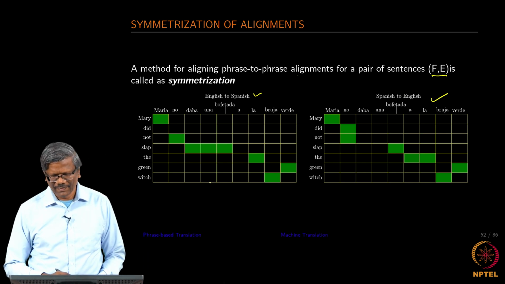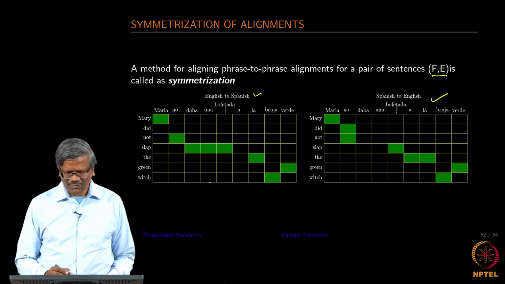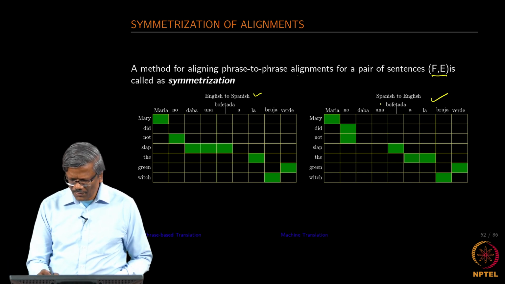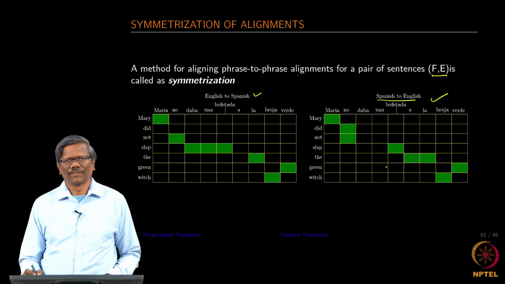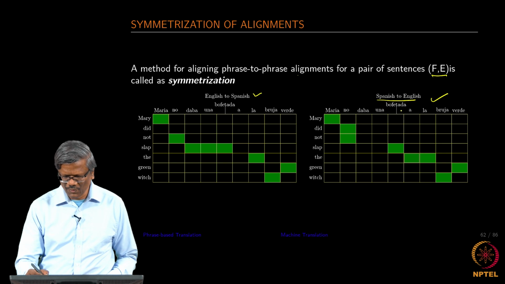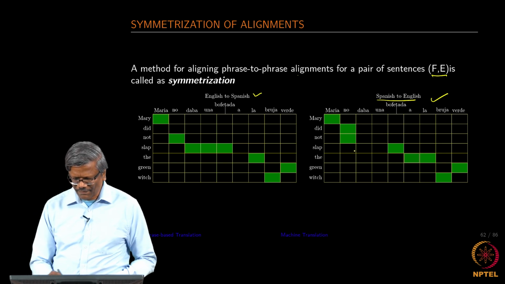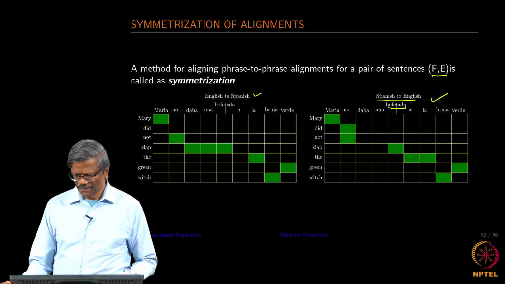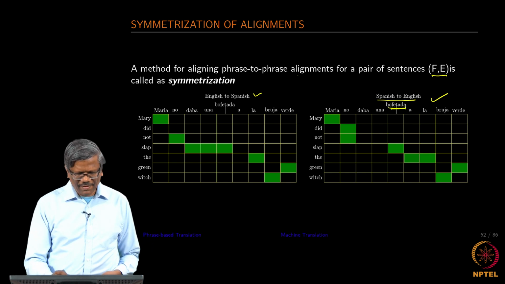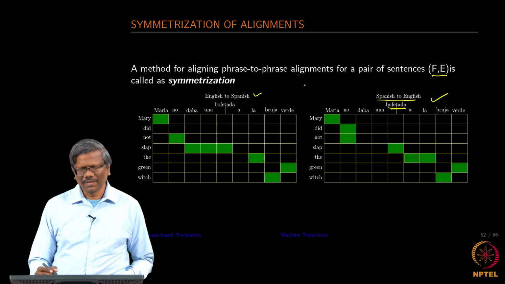And when you go from Spanish to English, some of the words are not aligned, because we just use the direct translation of slap to this word in Spanish. So, these are the two alignments that are possible.